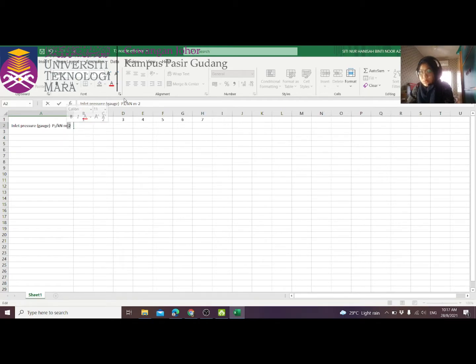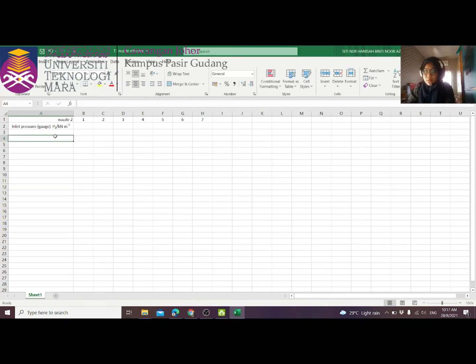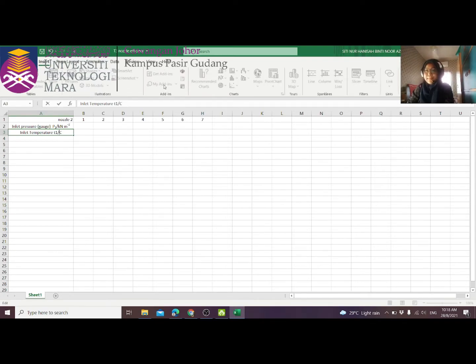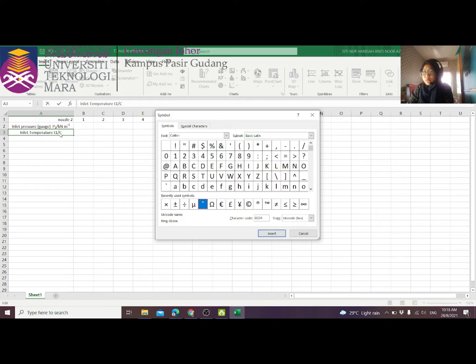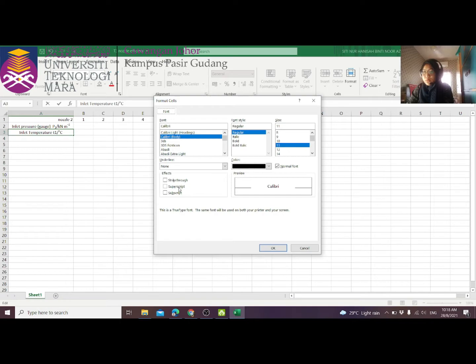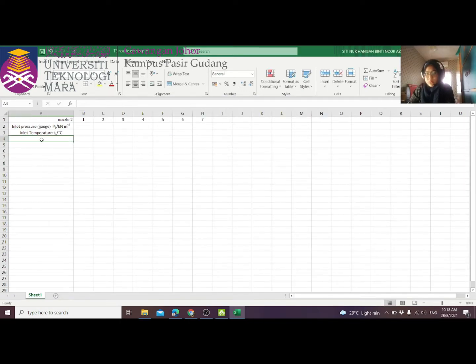Okay, on top. Okay, first the inlet temperature, which is the 1 over C. So insert symbols. So let's close. Okay, this one subscript. Okay, and the temperature.